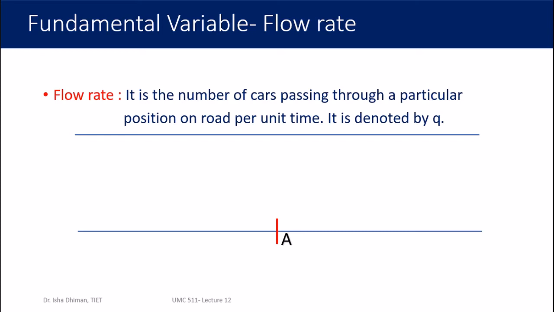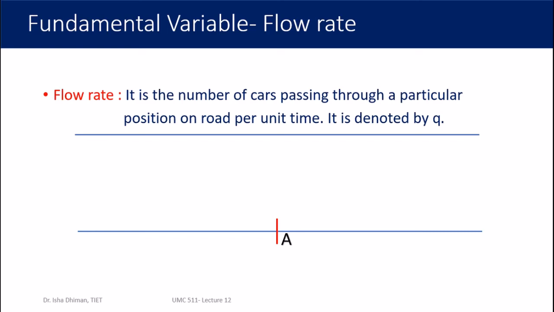So I'll be measuring the data by fixing my position, but counting the number of cars over time. In density, you fix the time and count the vehicles over a distance, while in flow rate you fix the position and count the number of vehicles moving from that particular position per unit time.